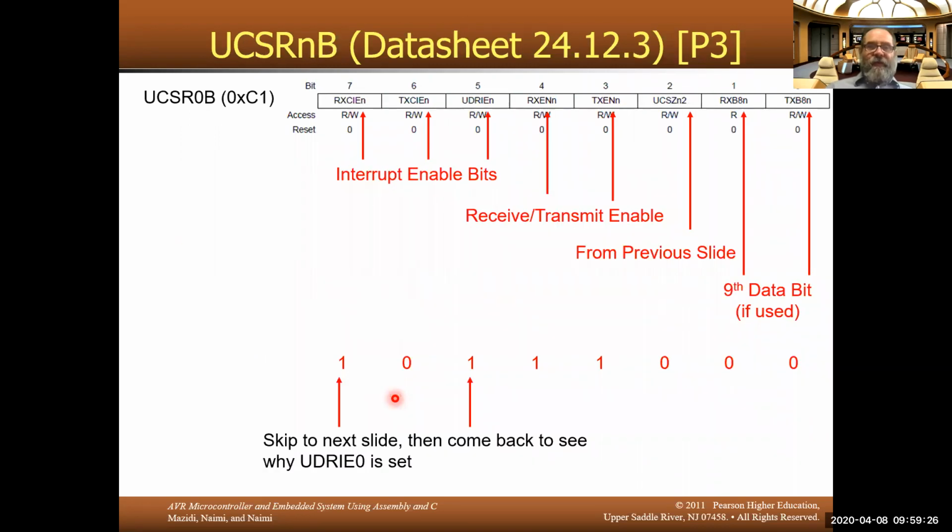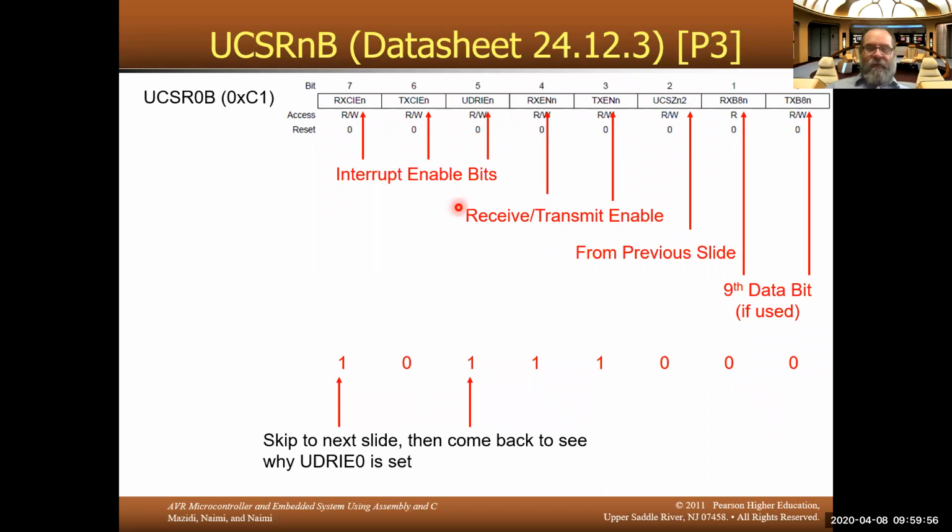If we go back to this interrupt enable bit, that is going to generate an interrupt if the data register for transmit is empty. So the fact that I just set this bit to 1 means it will generate an interrupt.